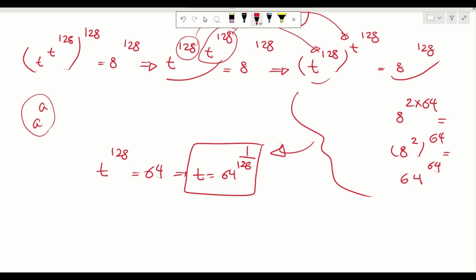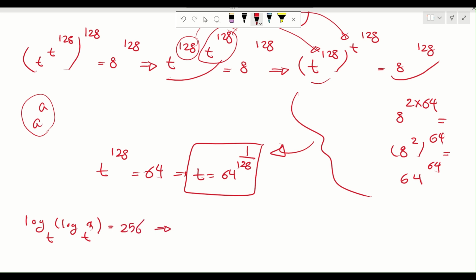Now from the other equation that we had, this log of x in base t in base t is 256.